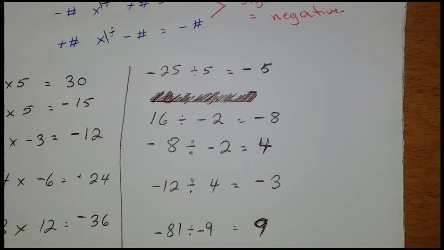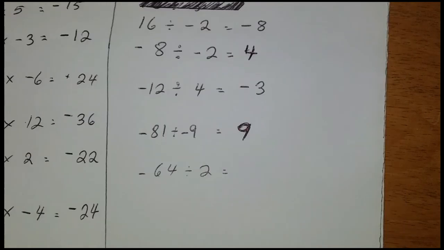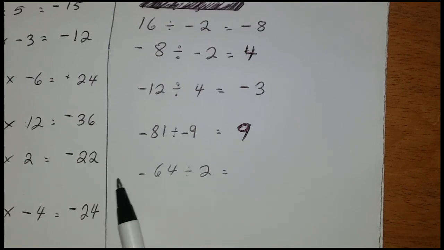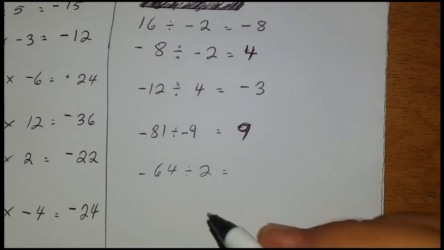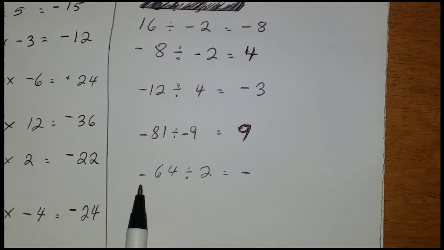And then let's go with another one. Let's go with negative 64 divided by 2. We see the jingle again. Signs the same, positive, signs different, it is negative. So my answer here is negative because the signs are different.